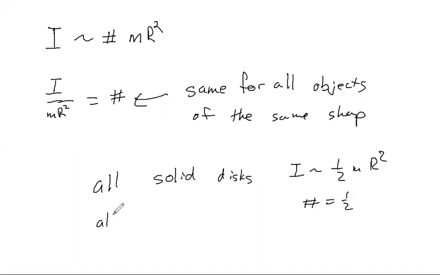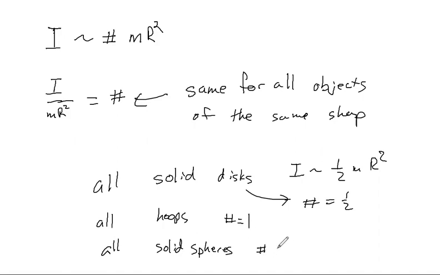For all hoops, the number would equal 1. For all solid spheres, if I remember right, you're going to have the number equal 2/5.